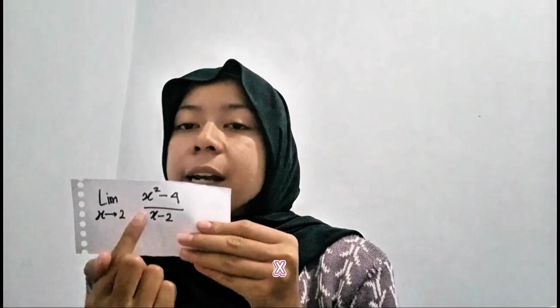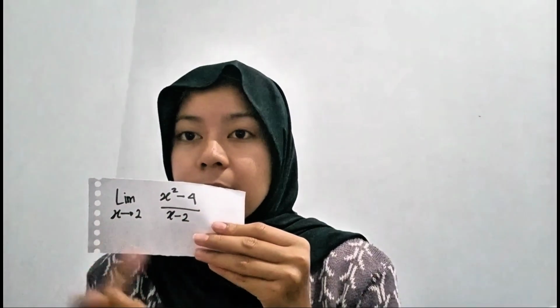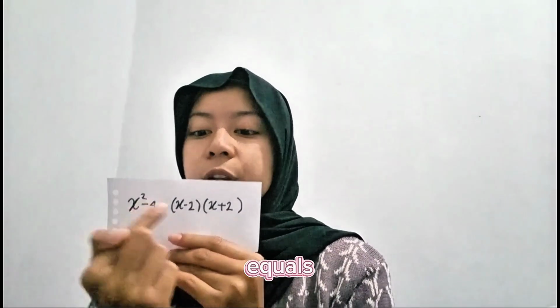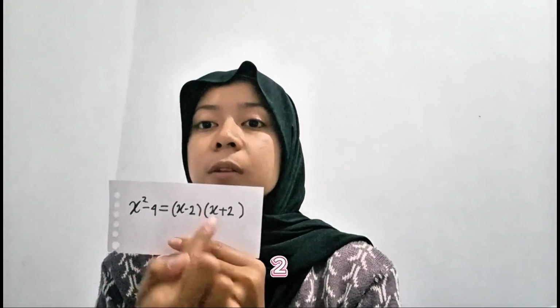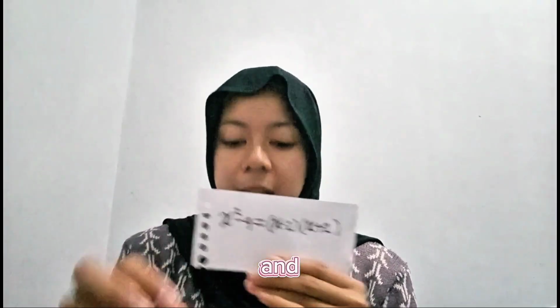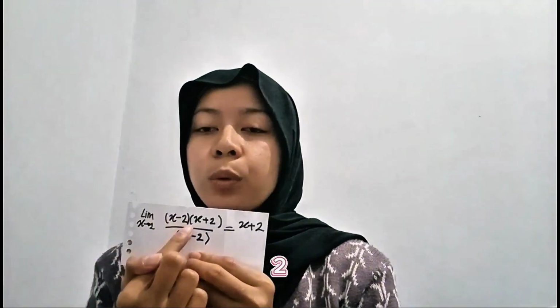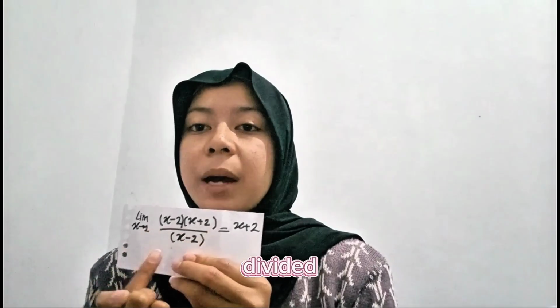Because if we substitute x equals 2, we have 0 divided by 0, we can search for the factors of x squared minus 4 in the limit. We know the factors of x squared minus 4 equal (x minus 2) times (x plus 2). If we use this in the limit, we have the limit as x approaches 2 of (x minus 2) times (x plus 2) divided by (x minus 2).